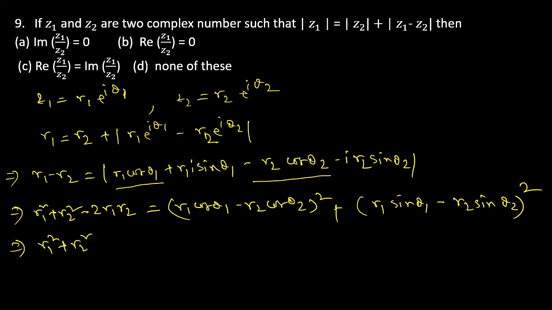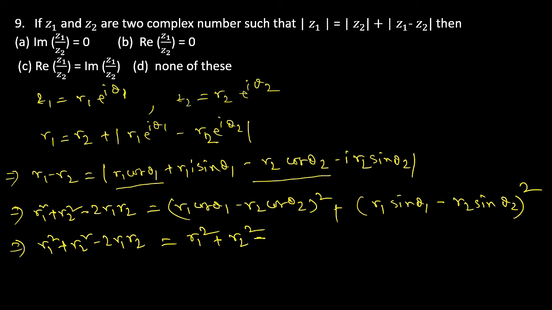R1 square plus R2 square minus 2 R1 R2 equal to, look here, we get R1 square cos square theta 1 and here R1 square sin square theta 1. By adding this we get R1 square. Similarly here we get R2 square cos square theta 2 and here R2 square sin square theta 2. Adding this we get R2 square.